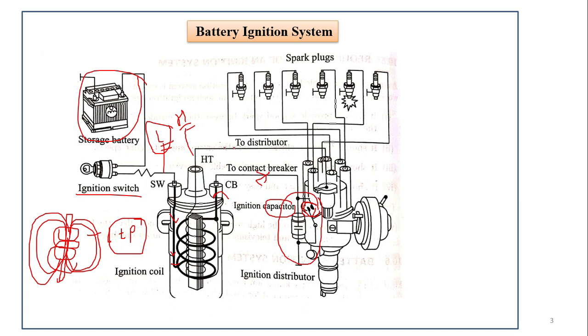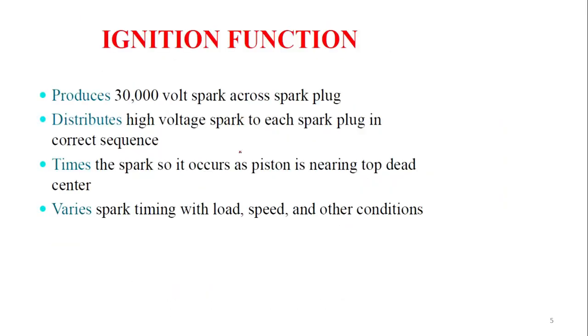It is then passed to the distributor, and through the distributor it is connected to the spark plugs, and in this way we get a spark. The function we have already discussed: it produces 30,000 volt across the spark plug.